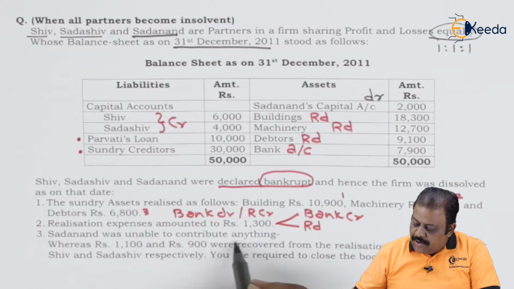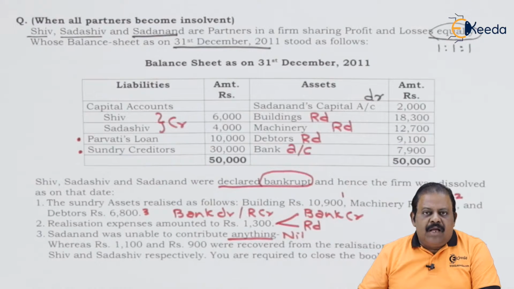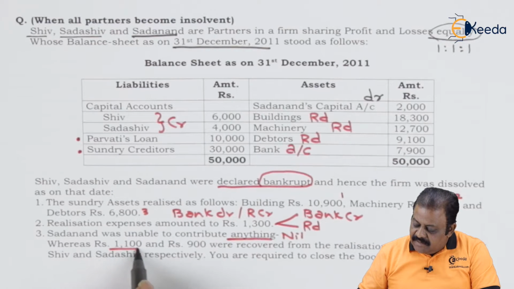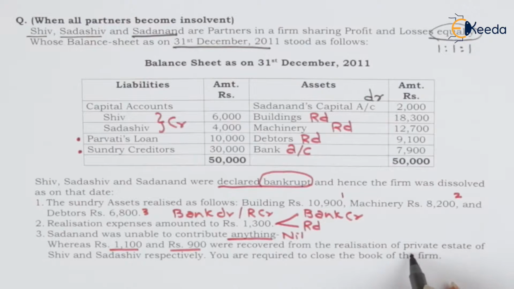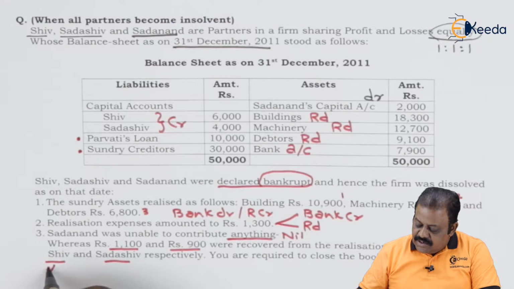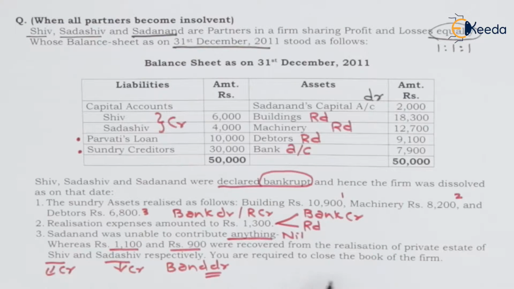Sadanand was unable to contribute anything, that means we have received nil amount from Sadanand. Whereas 1,100 and 900 were recovered from the realization of private estate of Shiv and Sadashiv respectively. So Shiv's capital account will be credited, Sadashiv's capital account will be credited and bank account will be debited for the above amounts. You are required to close the books of the firm.